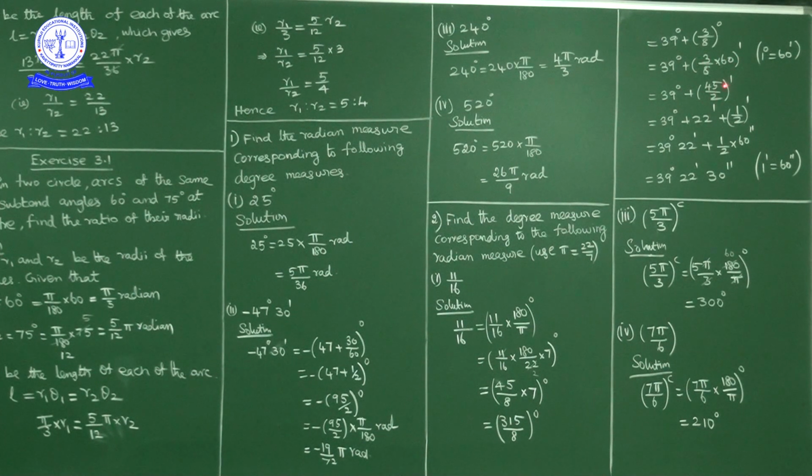So 45 by 2 minutes, which is 22 minutes plus half a minute. 1 minute is 60 seconds, so half a minute is 30 seconds. So the final answer is 39 degrees 22 minutes 30 seconds. So 11 by 16 radians is 39 degrees 22 minutes and 30 seconds.